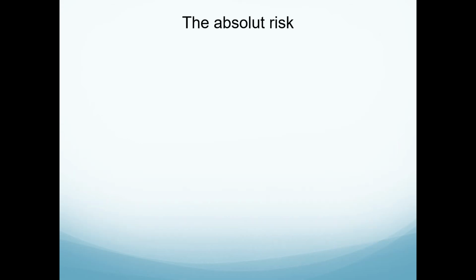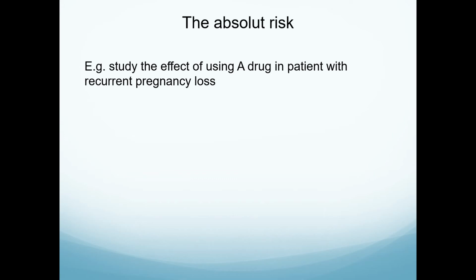To understand which one we are going to rely on, absolute risk or relative risk, we are going to take an example. In this example, a company claimed that drug A is used for the treatment of recurrent pregnancy loss. We have a control group and we have the intervention group.